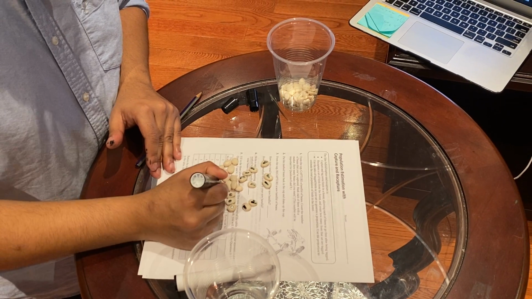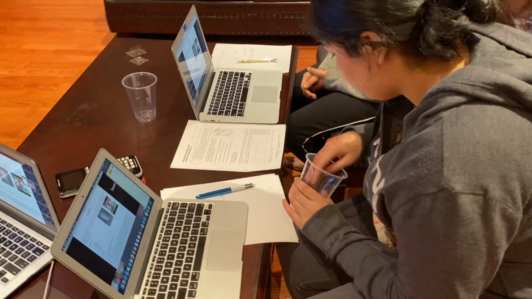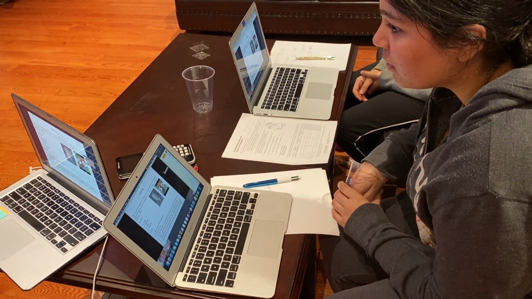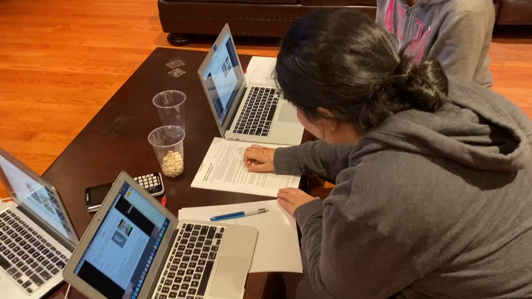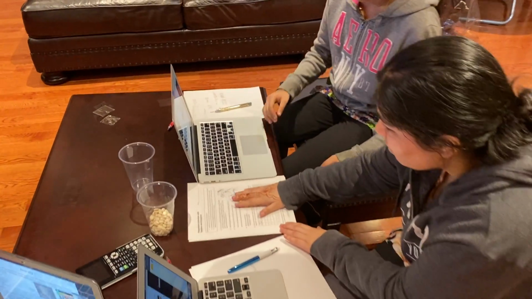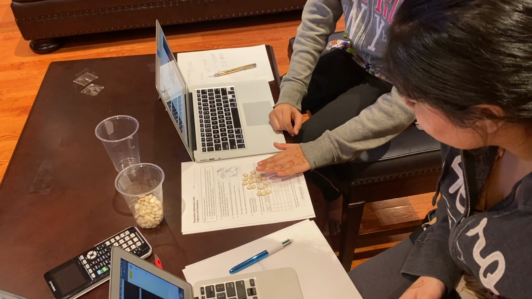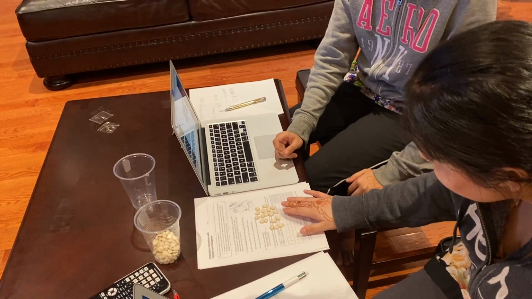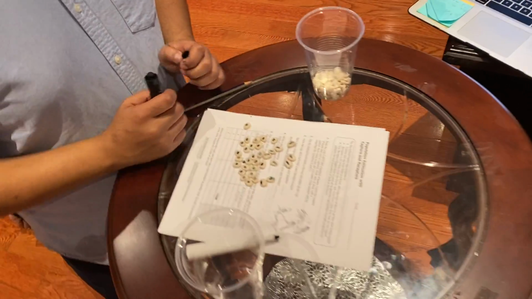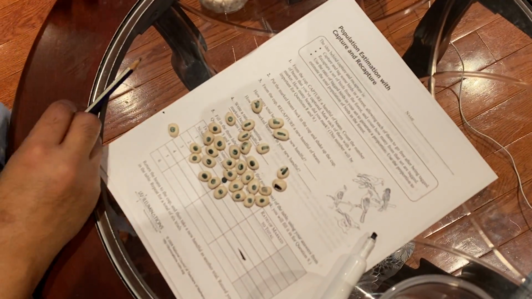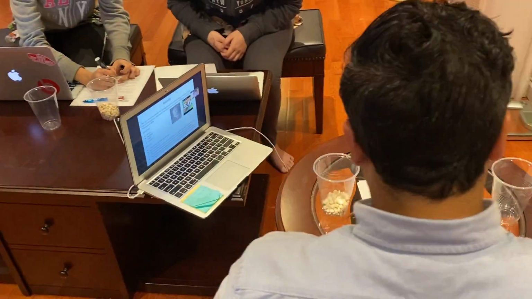So everybody should be doing this right now. Just capture a handful. If you're working with a partner, one partner can do it and the other partner can count. Okay, here I have the markers.